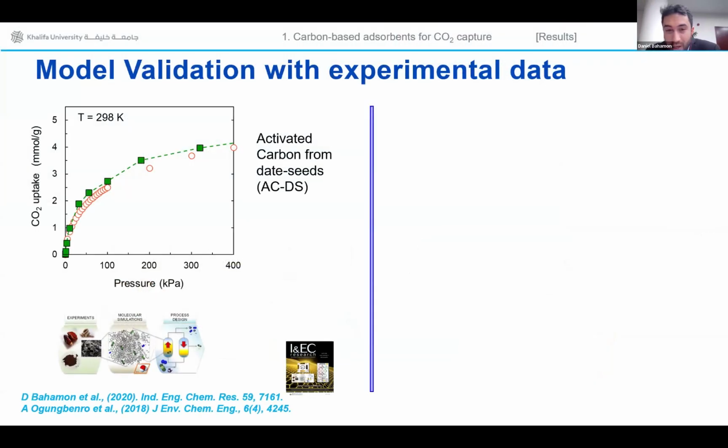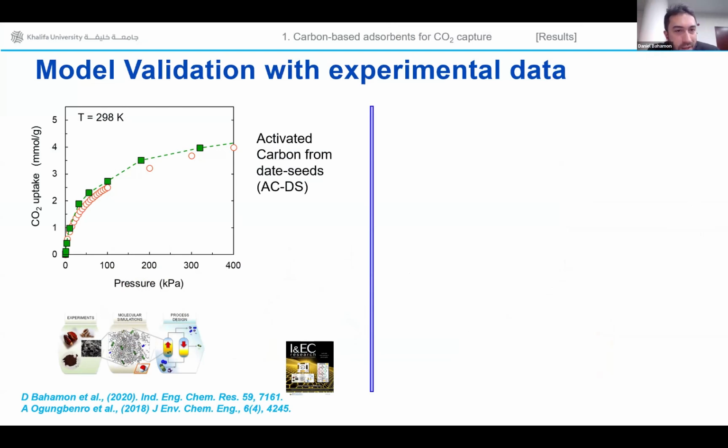Of course, initially, the idea is to validate your results, to make sure that what you are getting from the simulations makes sense, and you can further use this information to extrapolate it for different conditions, for additional conditions you cannot obtain experimentally.